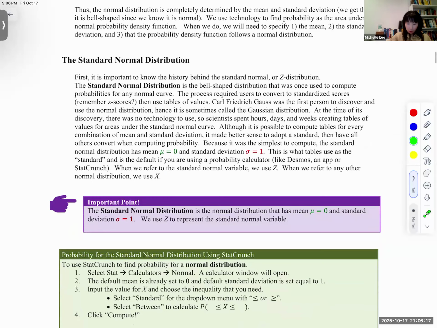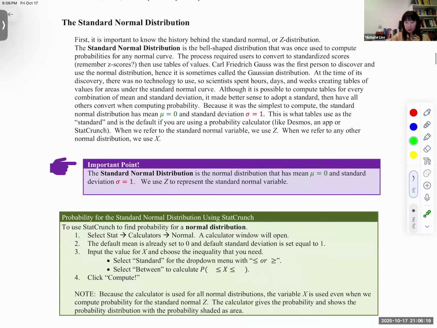All right. So the basic standard normal distribution is a normal distribution that has mean equal to 0 and standard deviation equal to 1.